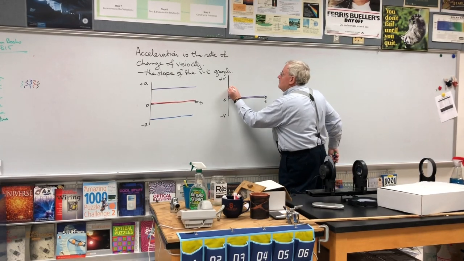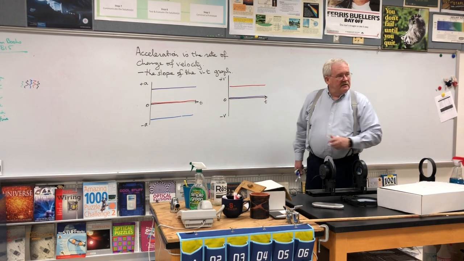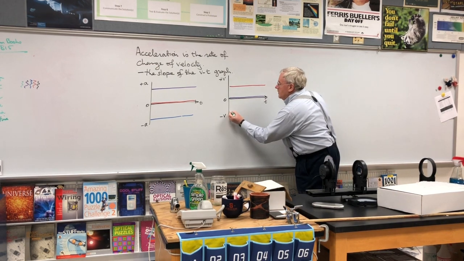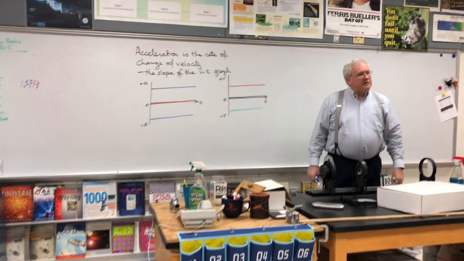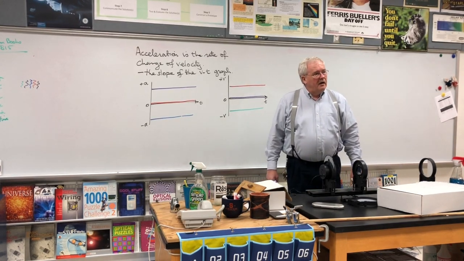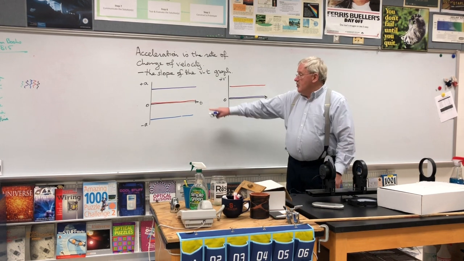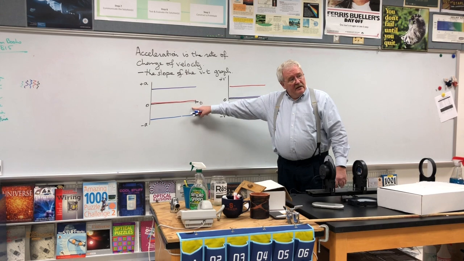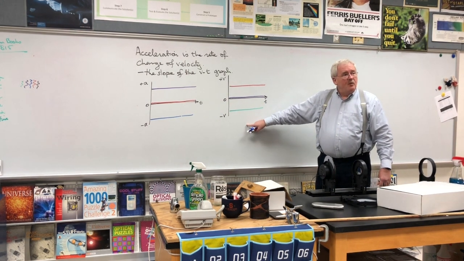For example, this is one case, this is another case. Yes? Is one more accurate than the other? No. There's just not enough information here to be able to tell. So it could be any one of those three.